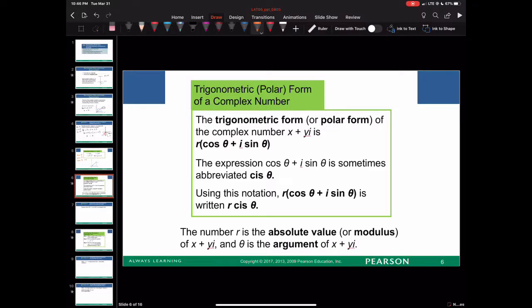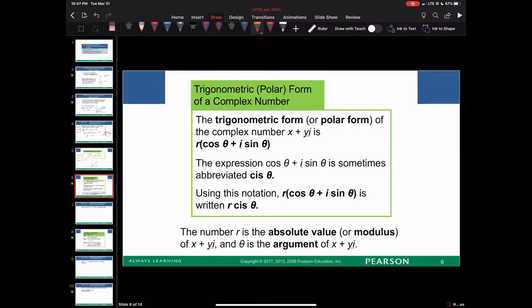So, trigonometric form or polar form of complex numbers. The trigonometric form or polar form of the complex number x plus yi is r times the cosine of theta plus i sine theta. The expression cosine theta plus i sine theta is sometimes abbreviated as cis theta.